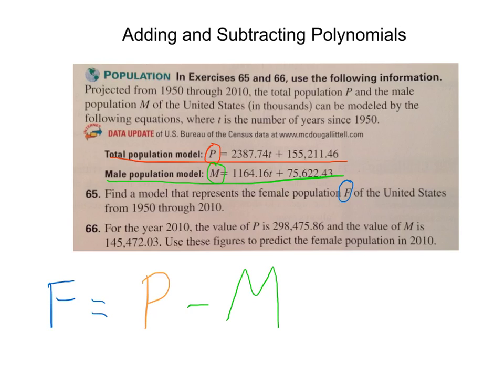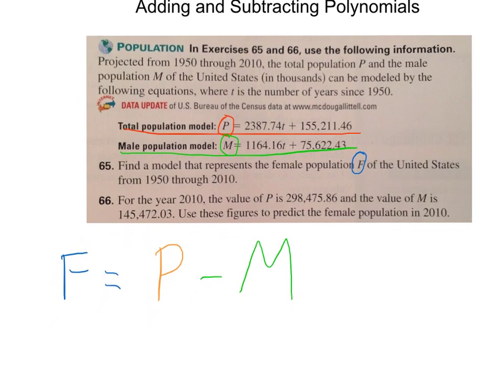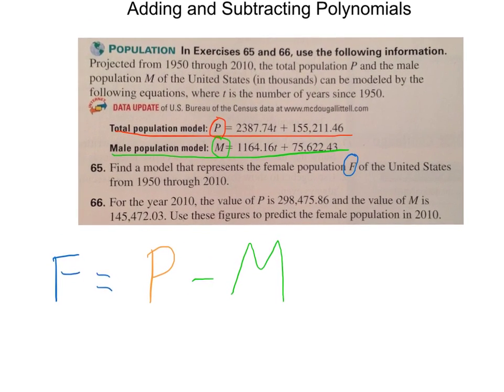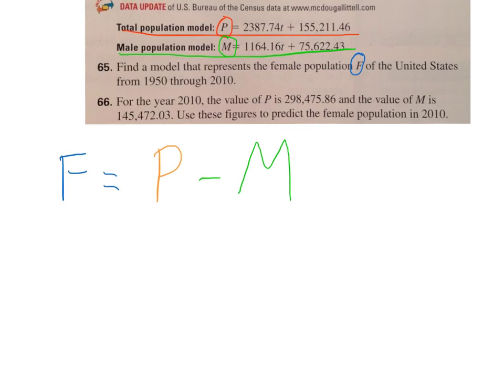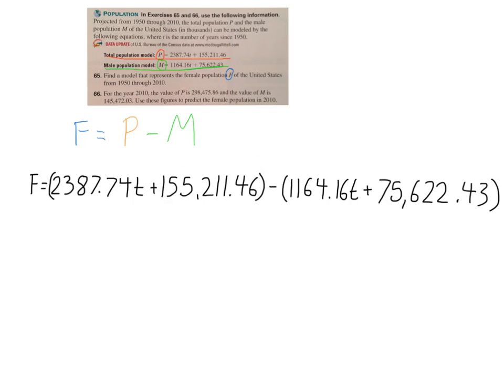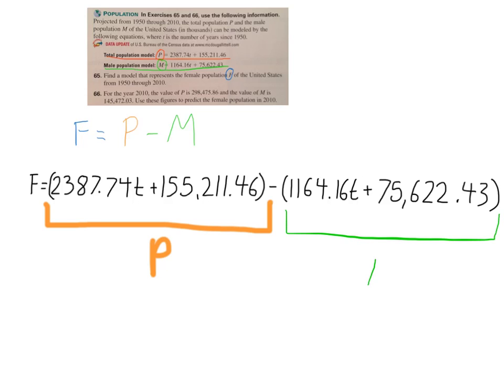But now we need to insert these numbers into the equation. So we're going to use a polynomial to do this. So here's our equation for the female population. You can see over here we have P, and over here we have M. So now we need to simplify this into a regular equation.